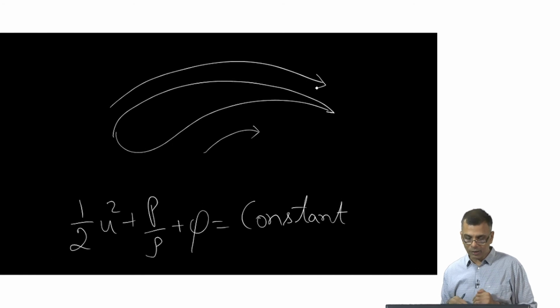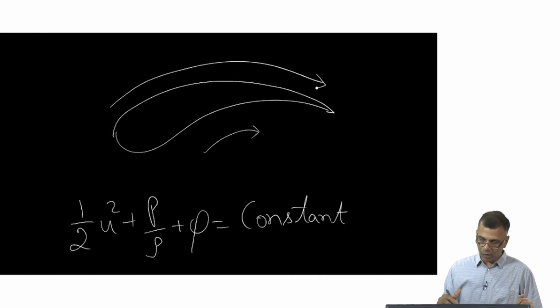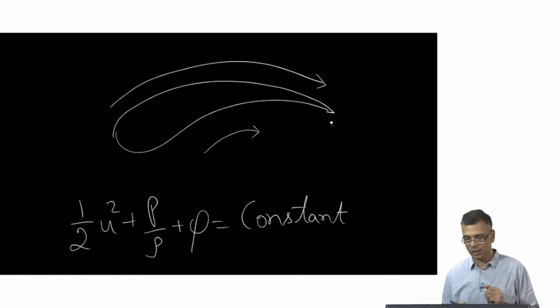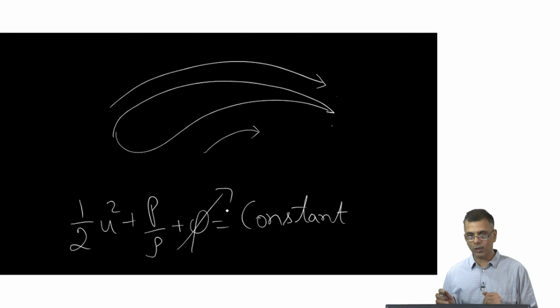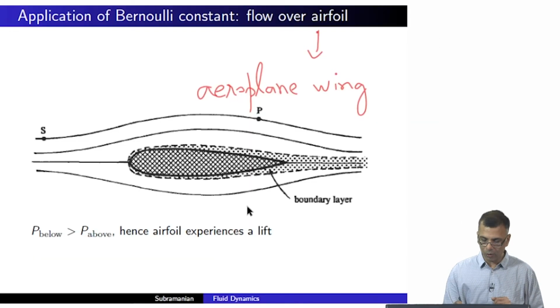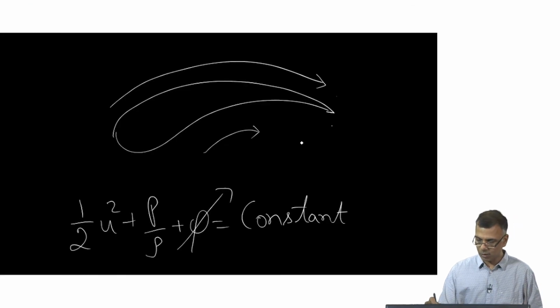Okay, and the phi is pretty much the same, as in this is a very thin airfoil. There's no difference in phi between here and here. The gravitational potential is pretty much the same. So we can essentially throw this away. We don't have to worry about this. Now the u below is smaller than the u above, right?